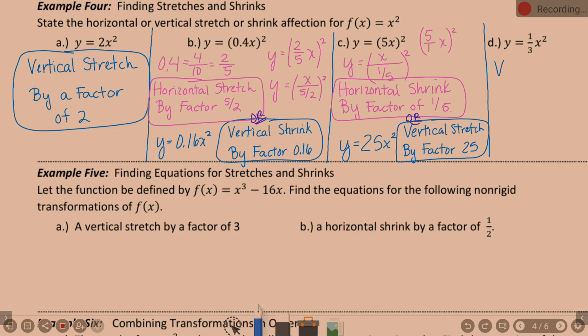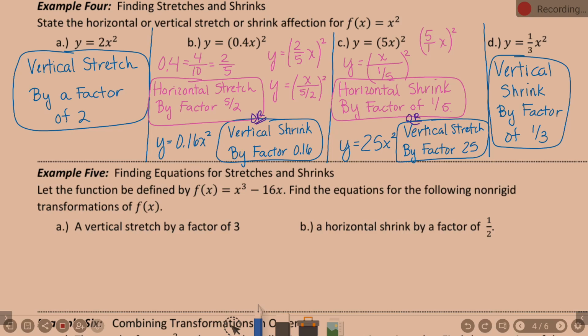So this one is just a vertical shrink by a factor of 1/3. Something a little bit new there you have to watch out for, so just beware.